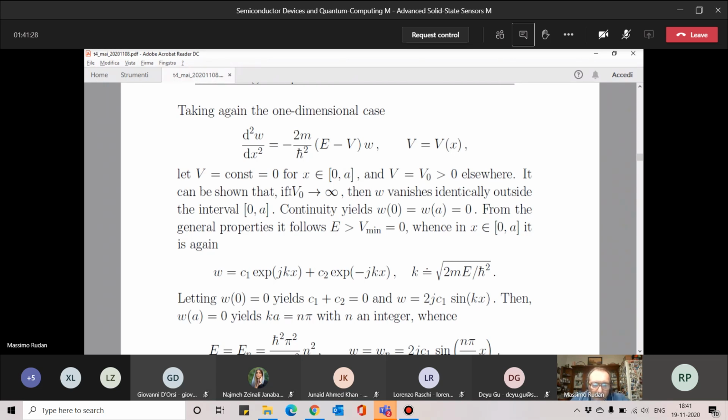So the potential energy on the two sides becomes infinitely large, and in conclusion, this makes impossible for the wave function of the particle to be different from zero on the left of the origin or on the right of A. This is not obvious.